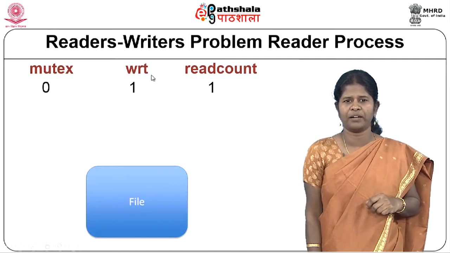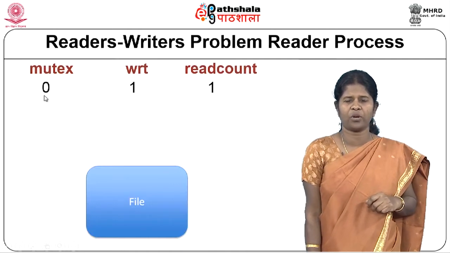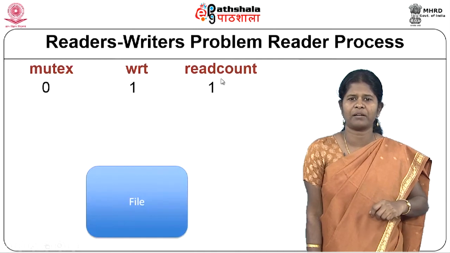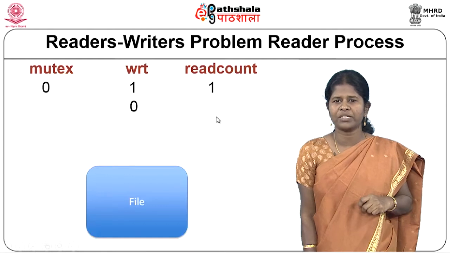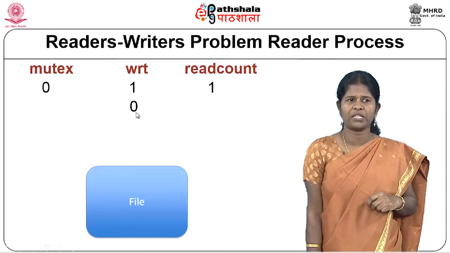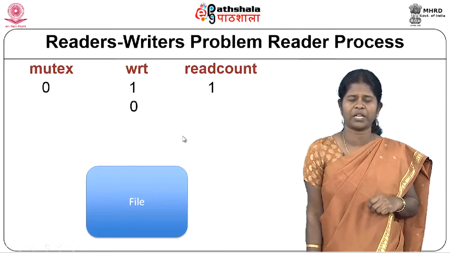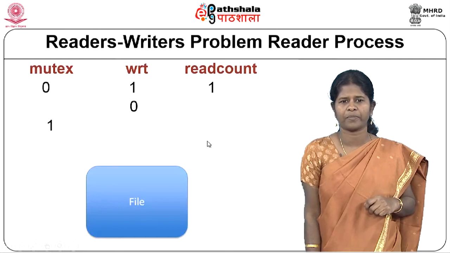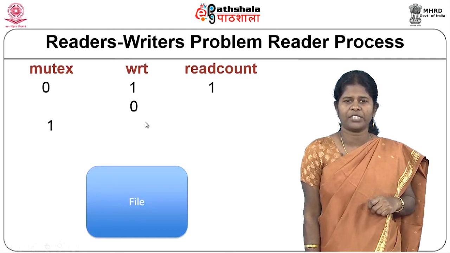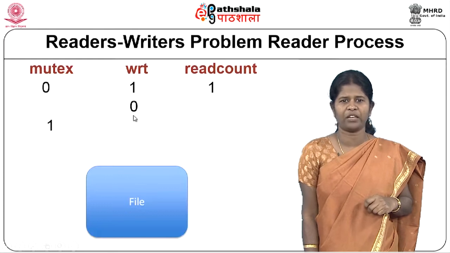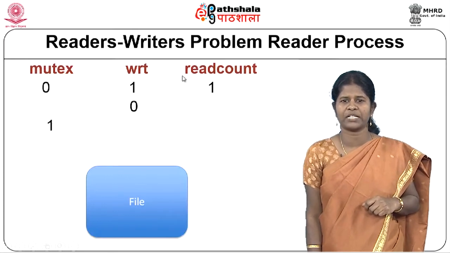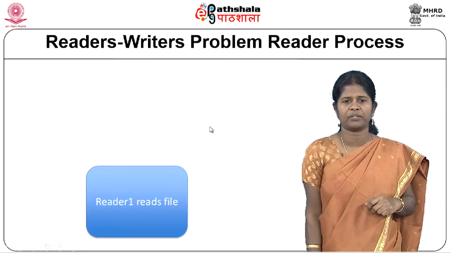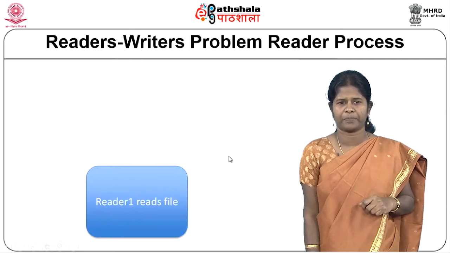The first reader changes the value of mutex to 0 and increments the read count value, and because read count is equal to 1, it waits on WRT, and the value of WRT becomes 0. Now, it signals mutex because it has manipulated read count. Then reader 1 reads the file.